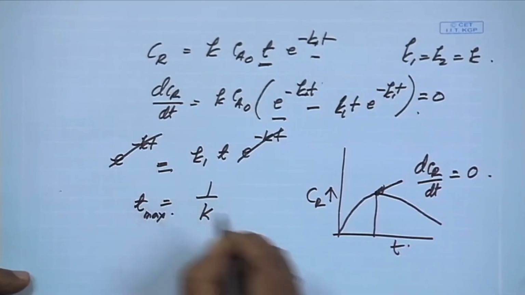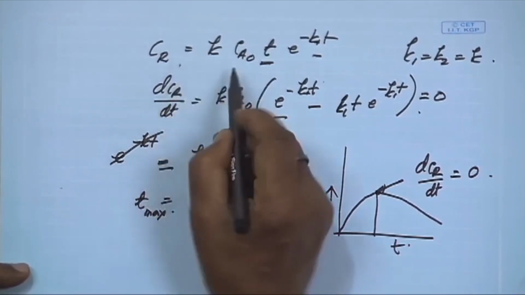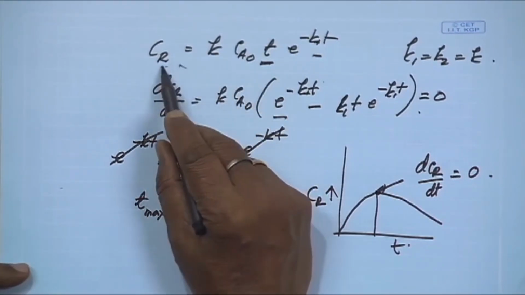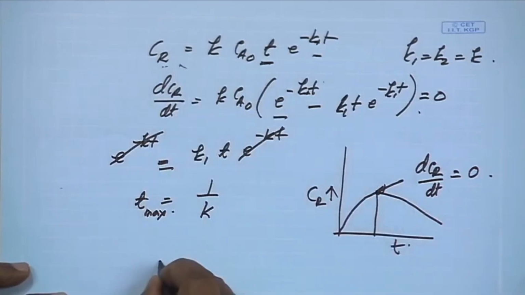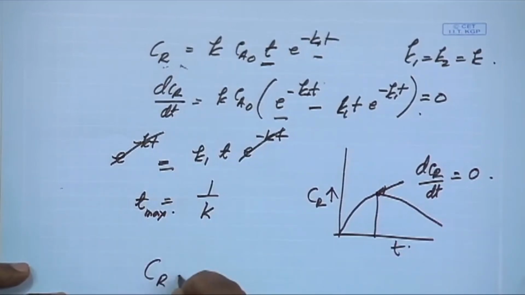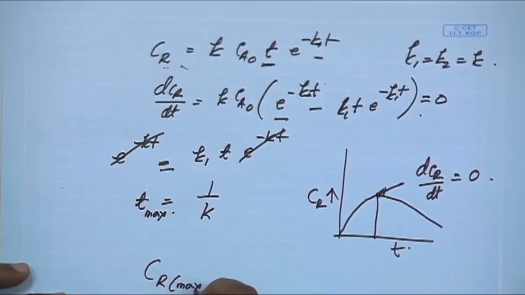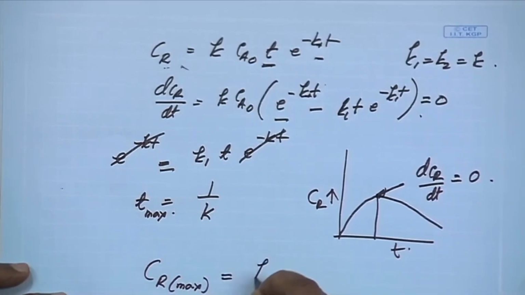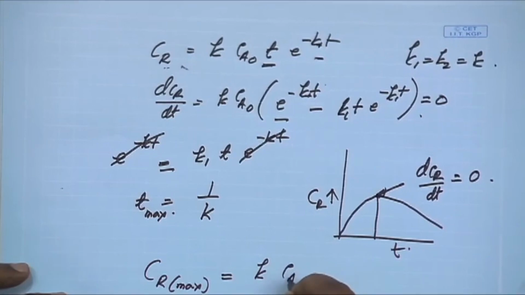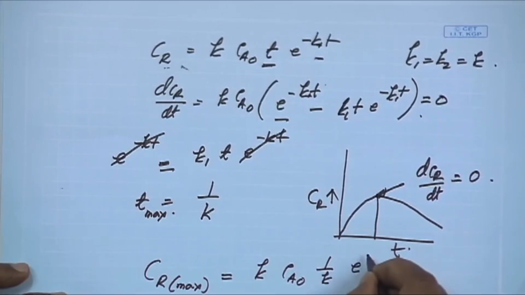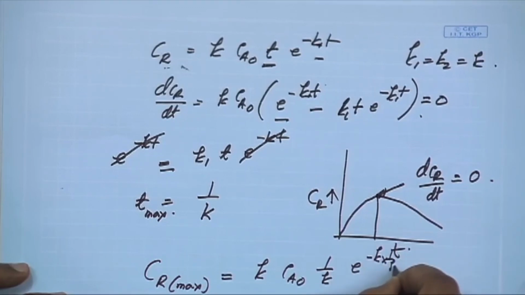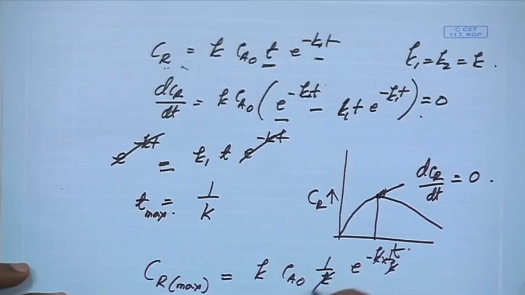Now we already have the expression for Cr, so I can write Cr max. How can we write it? Cr max equal to K into CA0, t is 1 by K, e to the power minus K multiplied by 1 by K. So this will cancel, this will be minus, and this will cancel.